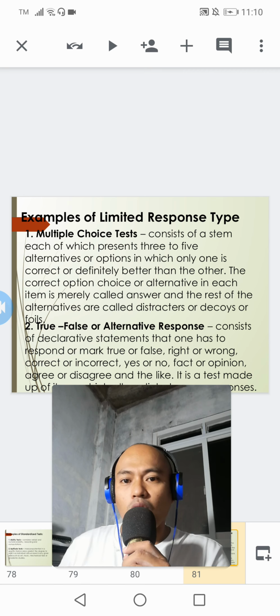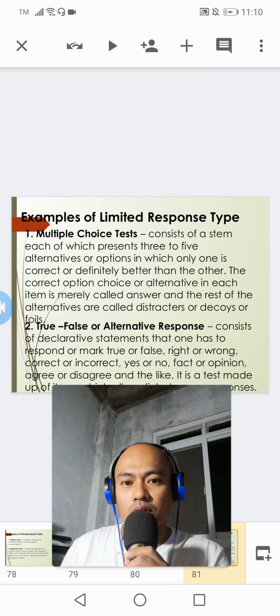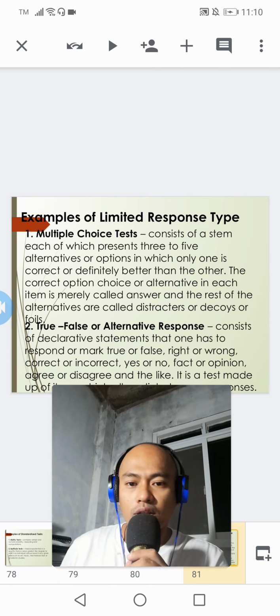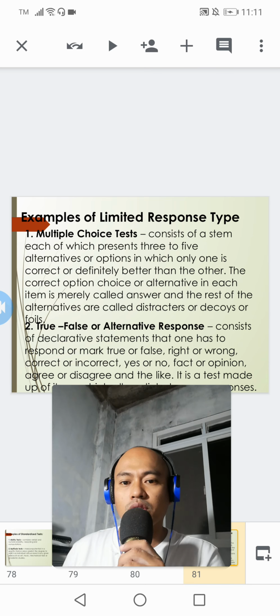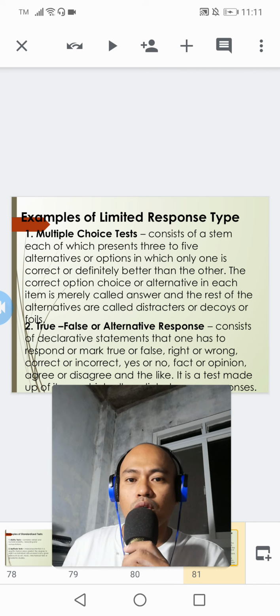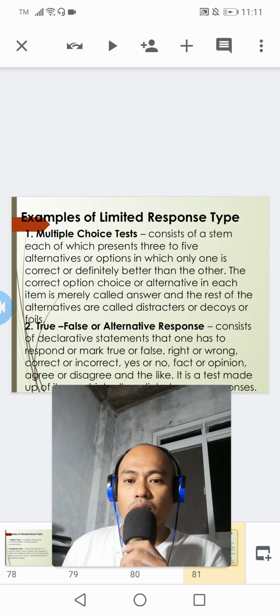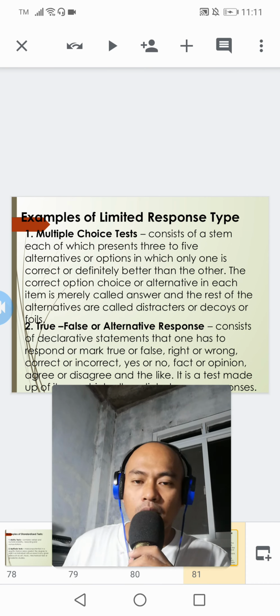The correct option, choice, or alternative in each item is merely called the answer, and the rest of the alternatives are called distractors. We can also call them decoys or foils. These are other terms for the distractors. These are the wrong answers or wrong choices in the given multiple choice test item.